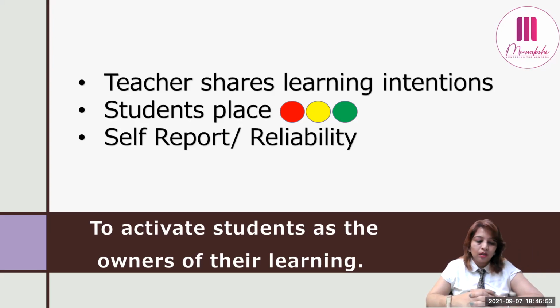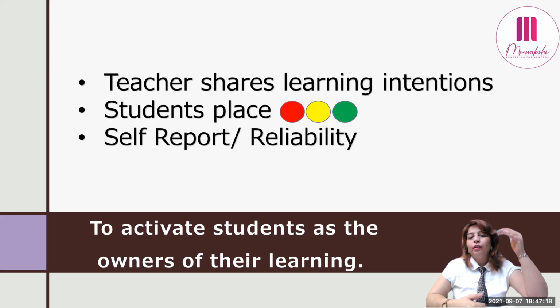By the end of the topic, the child should be able to understand the different parts of the plant, the reproductive parts of the plant, and the different parts in the flower. What is the function of pollen grain, stigma, style, and all other things should be there. Okay, how does it work?